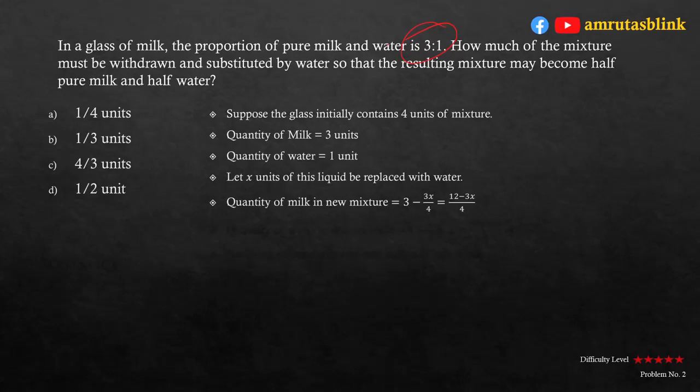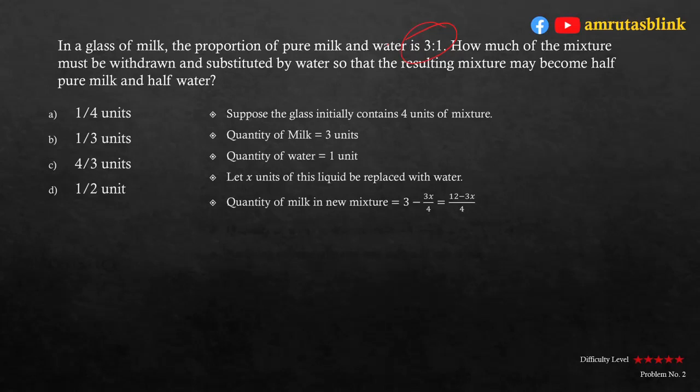Whenever you are withdrawing X units, how much milk will be remaining in that mixture? When you are withdrawing X units of mixture, you will be withdrawing 3x upon 4 units of milk, because when there are 4 units of mixture, in that 4 units there are 3 units of milk.